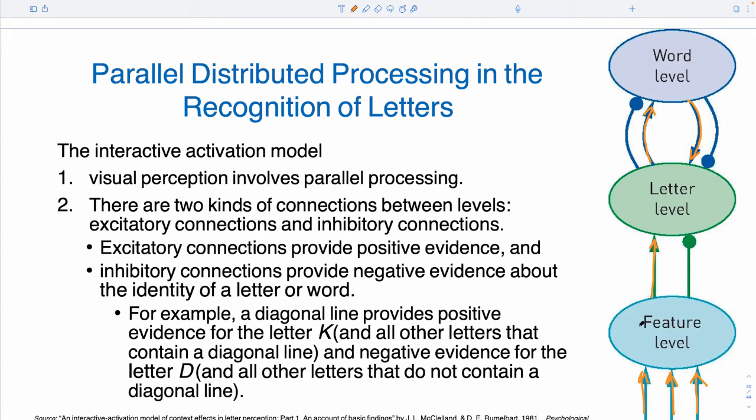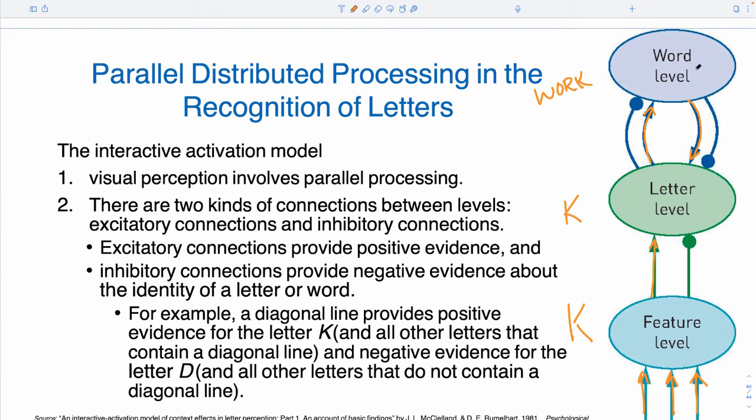So first off, the features. These are the features of the letters, right? The lines and angles, for example, that make up the letter. So you see the features. Based on the features, you put together what the letter would be, and then you put all the letters together and you get to what the word would be, huh?